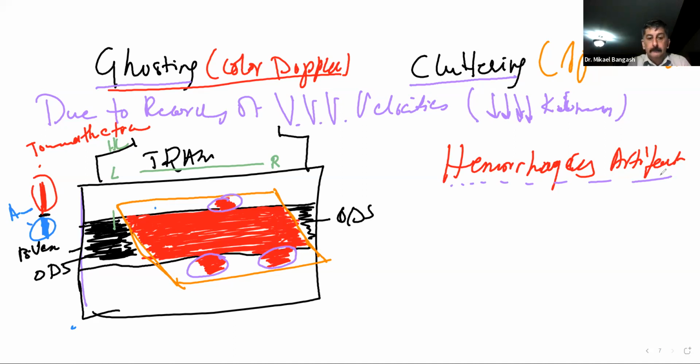Is that clear? But what is this ghosting due to? Mainly because your Doppler mode is recording very, very low velocities. Is that clear?